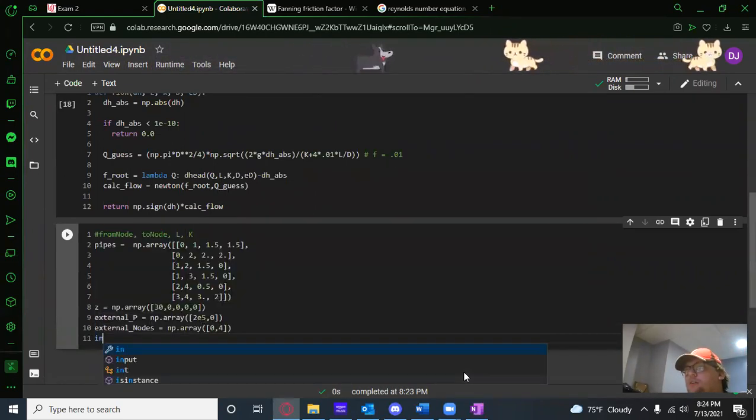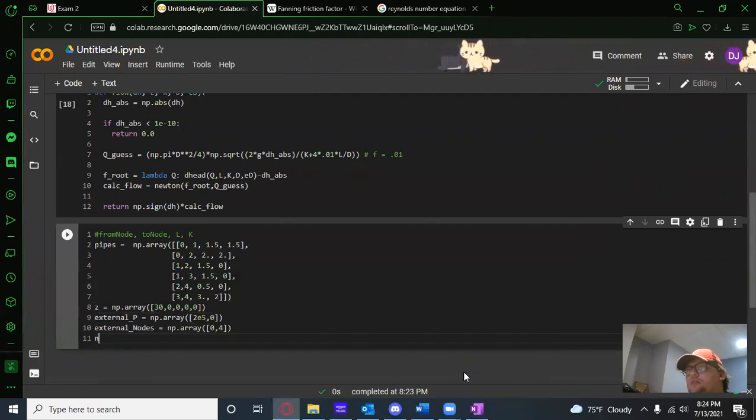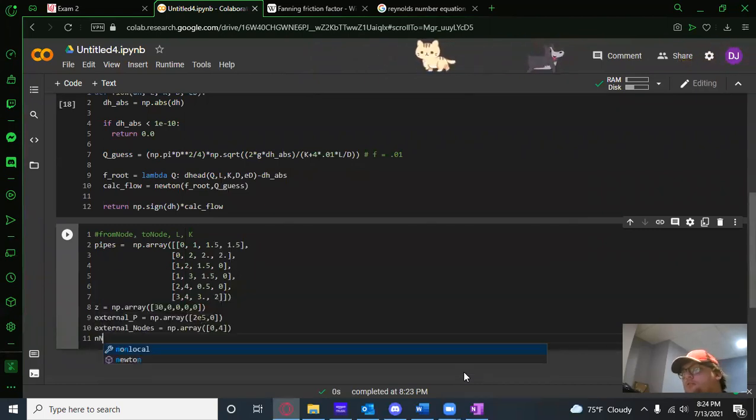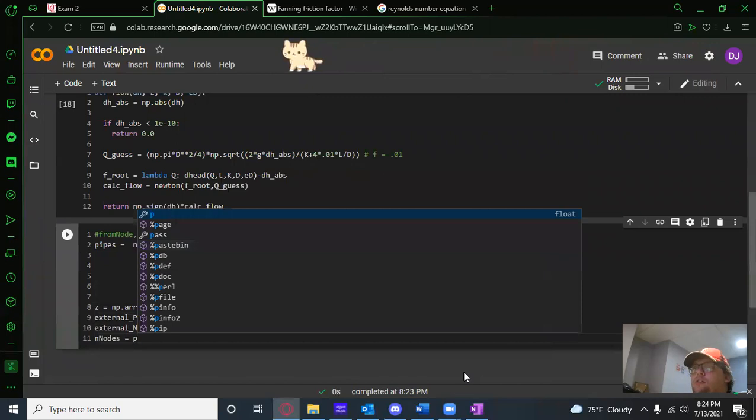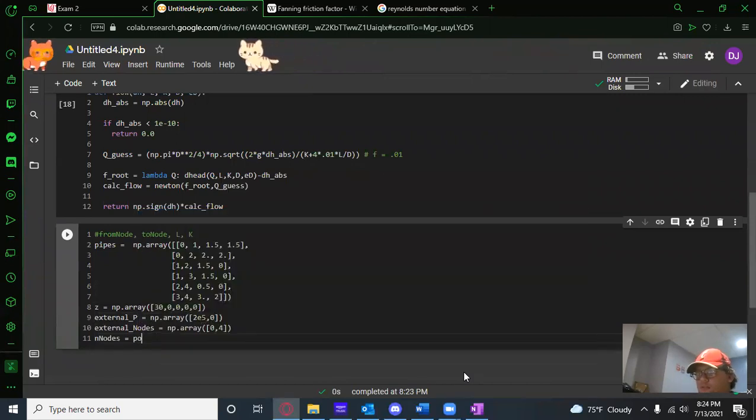And to get our internal nodes, what we need to do is find the number of nodes. To do that, we take all of the arrays, and we want the first index.